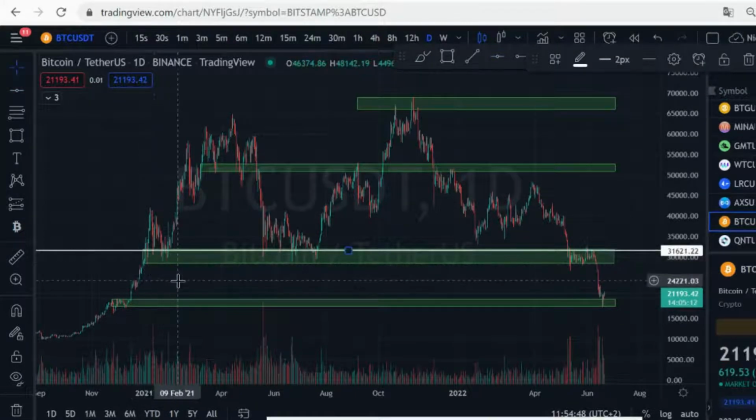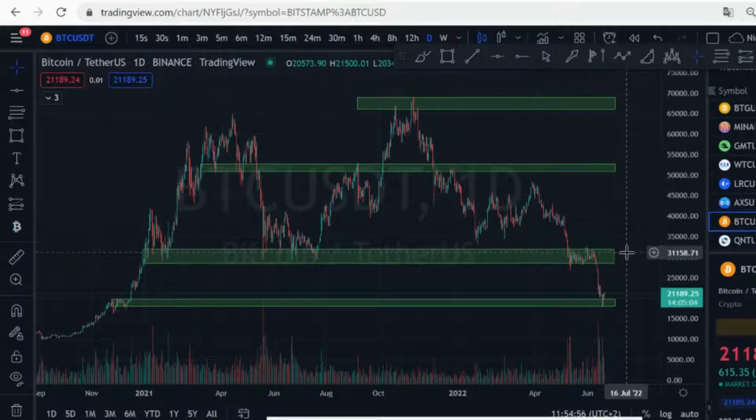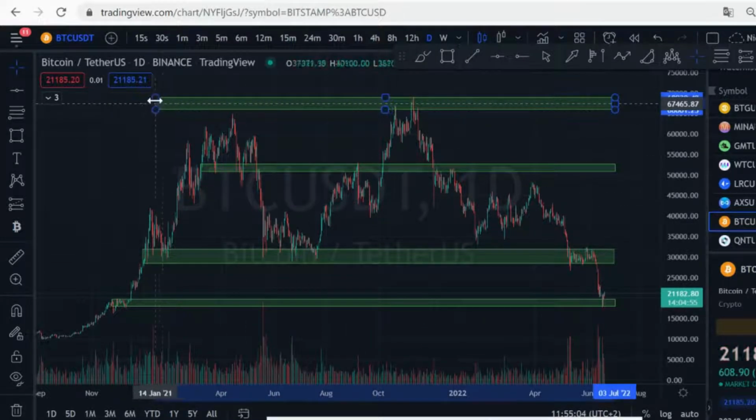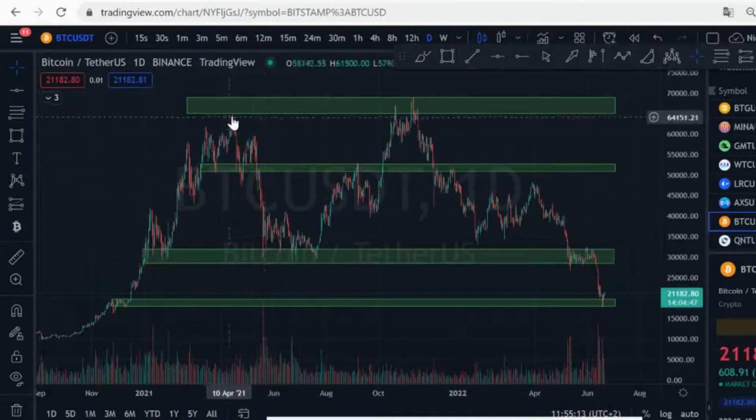So maybe you can draw it like this to get the most touches out of it. But as I told you, I prefer to work with areas. So now you can go ahead and adjust these levels. Also, you can extend this level and make it a little bit bigger to get here also a touch.